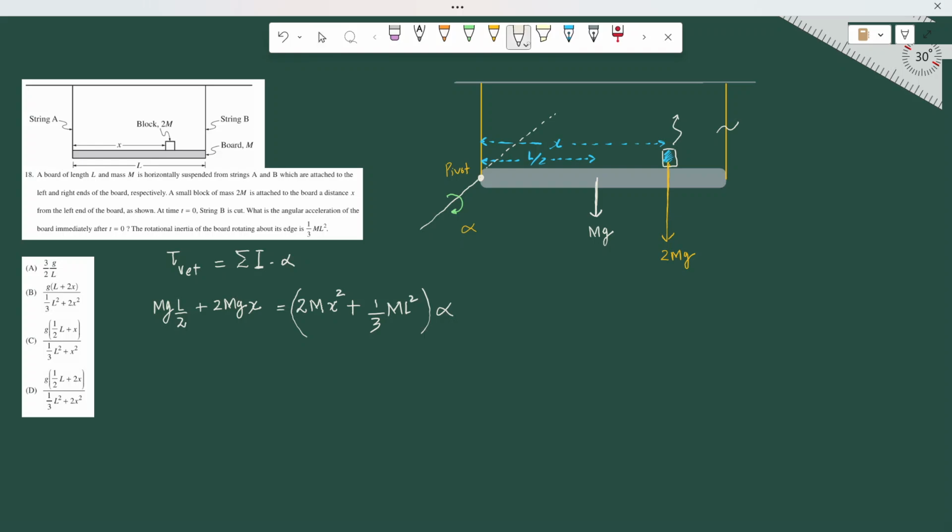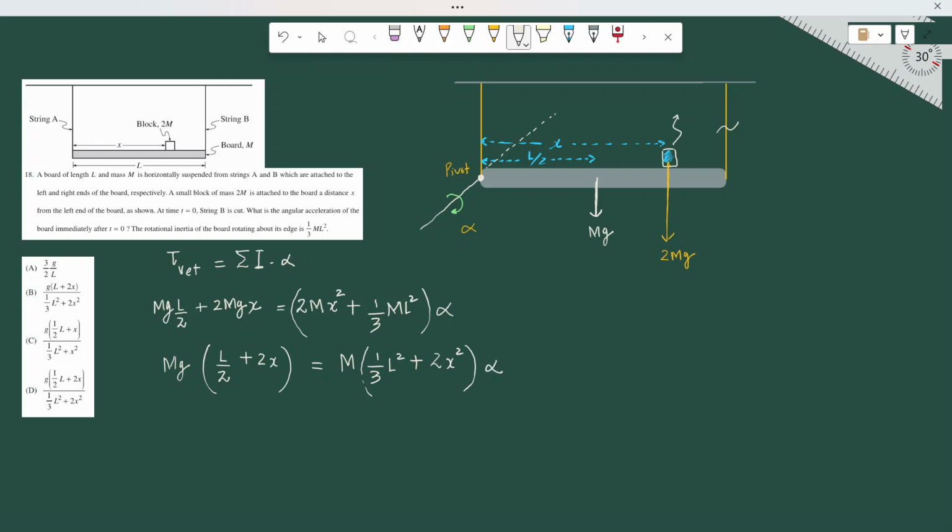Before that, we should take mg common from here. Inside we have L over 2 plus 2x. And on this side, we can rearrange it, taking m outside the bracket. Inside we have 1 over 3 L squared plus 2x squared.